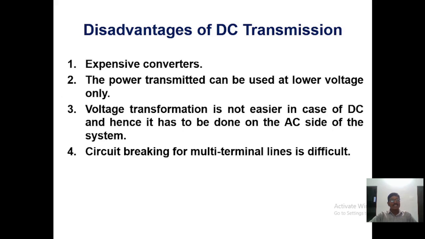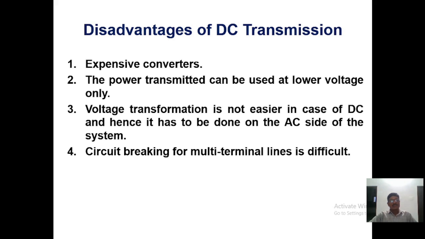Then what about the limitations or disadvantages of the DC transmission system? Expensive converters are used in that DC transmission system. These are all the major drawbacks of the DC transmission system. The power transmitted can be used at lower voltage only.